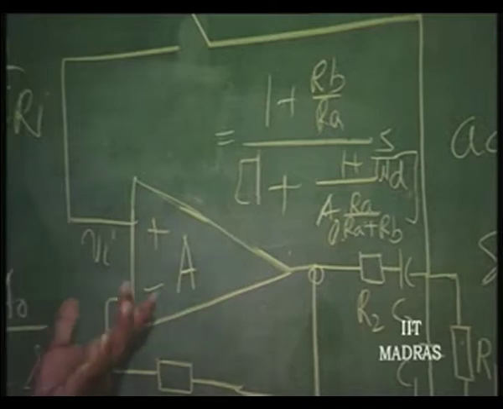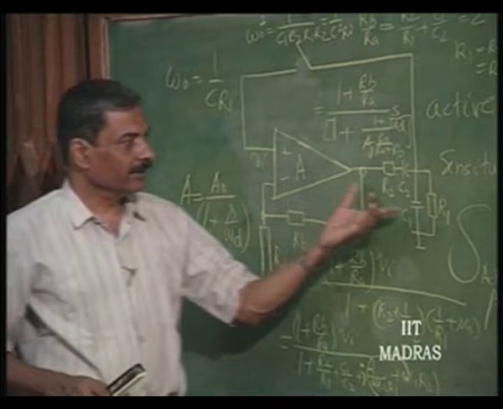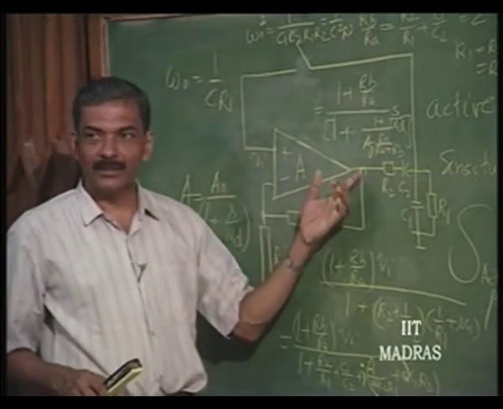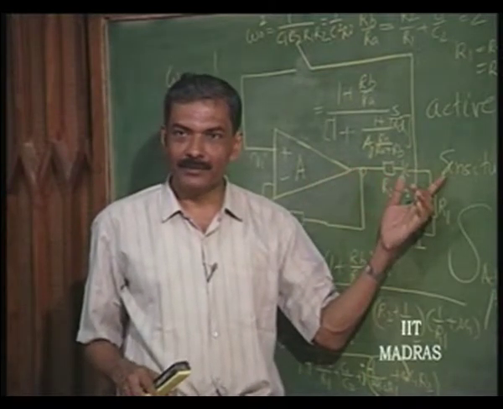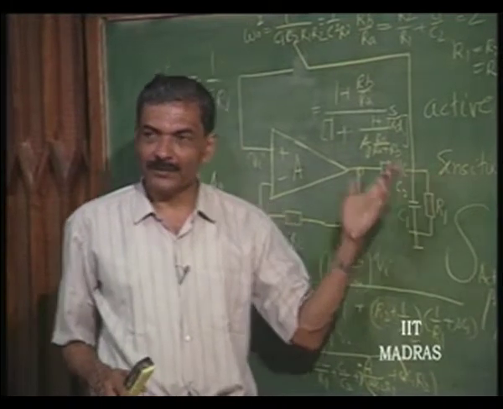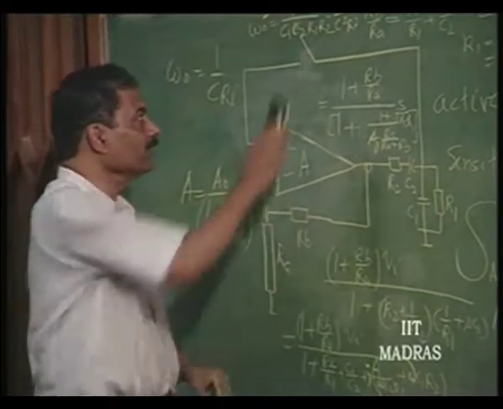This is not an exact non-inverting amplifier, there is an error. Earlier, from here to here the phase was 0, and therefore at the frequency omega naught we could just make the phase equal to 0 for this network also. So, it was oscillating with output being equal to input, or loop gain being equal to 1. So, I could close this exactly.